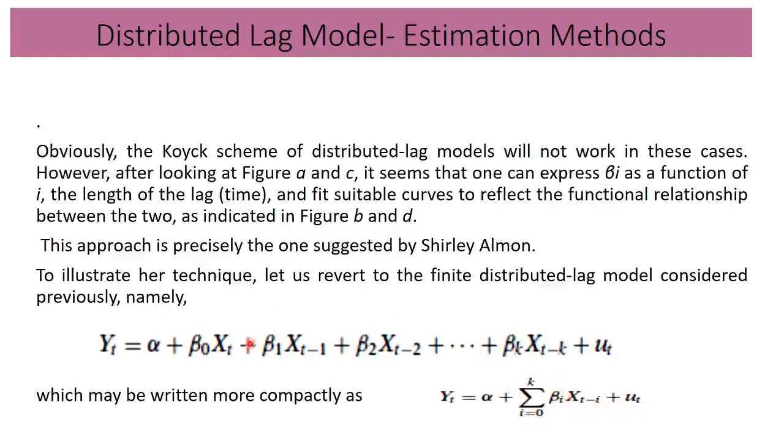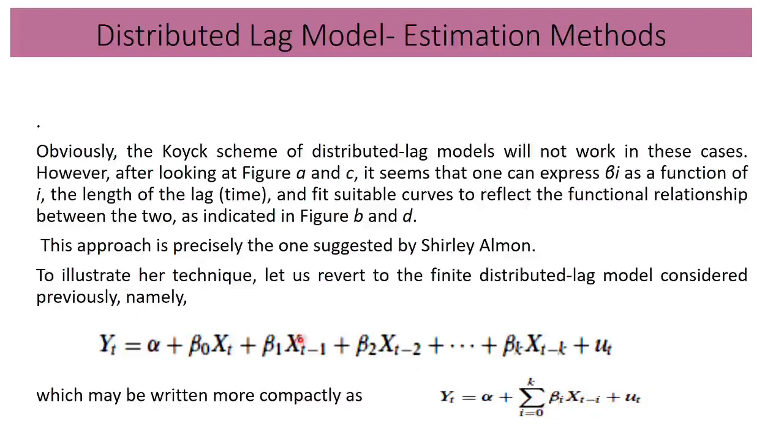If i equal to 0, then xt minus 0 is xt, that is beta 0 xt. If i equal to 1, that is beta 1 xt minus 1. If i equal to 2, beta 2 xt minus 2, etc. Up to i equal to k, then beta k xt minus k plus ut.